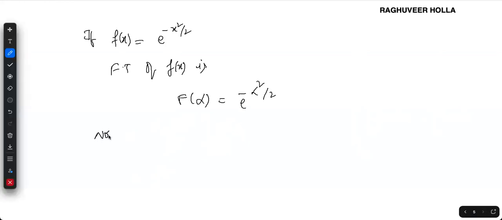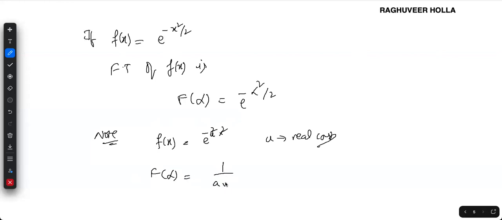Also note that if f of x is e to the power of minus a square x square, where a is a real constant, then f of alpha will be 1 by a root 2 into e to the power of minus alpha by 2a whole square.